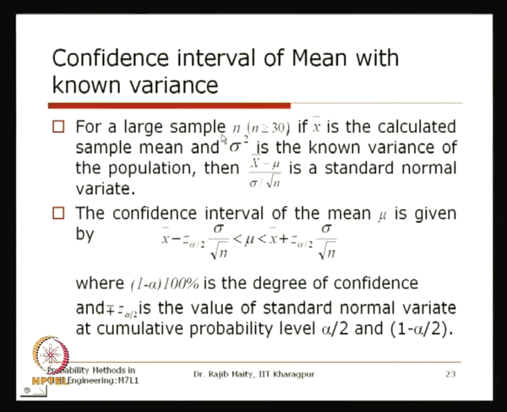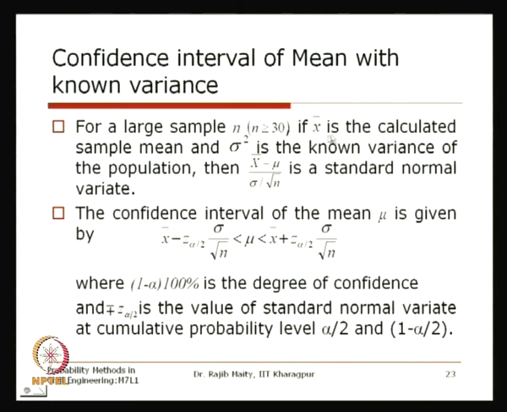For a large sample n, large sample is again a subjective term. Generally we have seen that if n is greater than or equal to 30, in the case of the mean only, not in general for all cases, then we can say that it is a large sample.